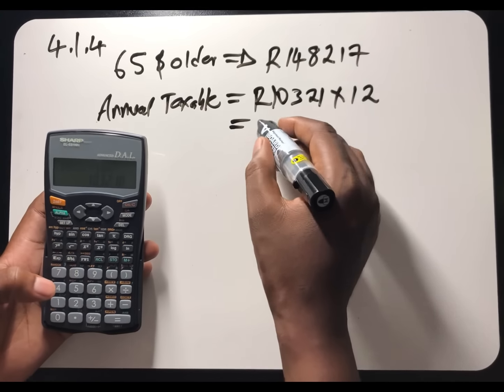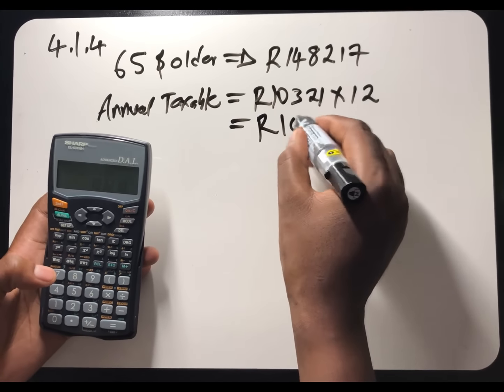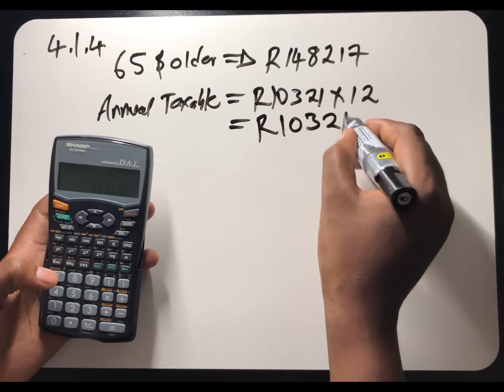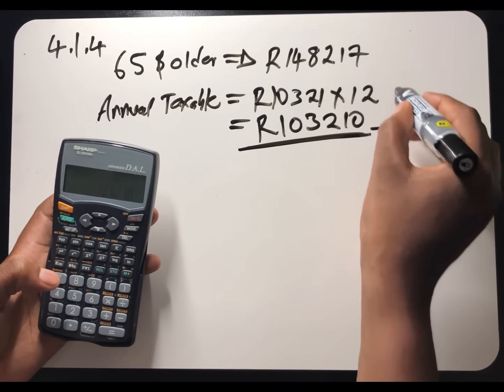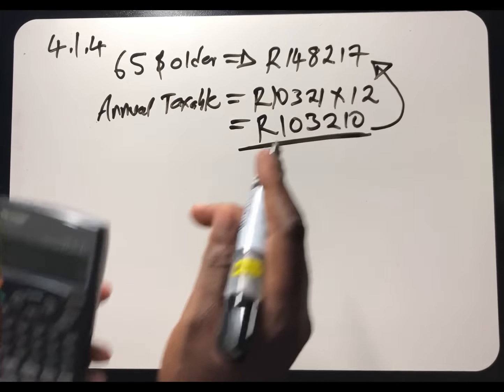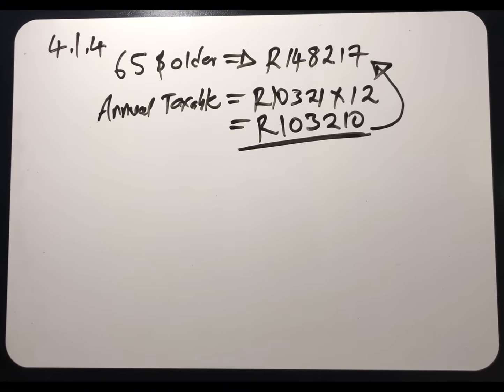We found that in a year she's earning 103,210. If you look at this amount, it's less than the minimum amount a person aged 65 and older is supposed to earn to qualify to pay tax.